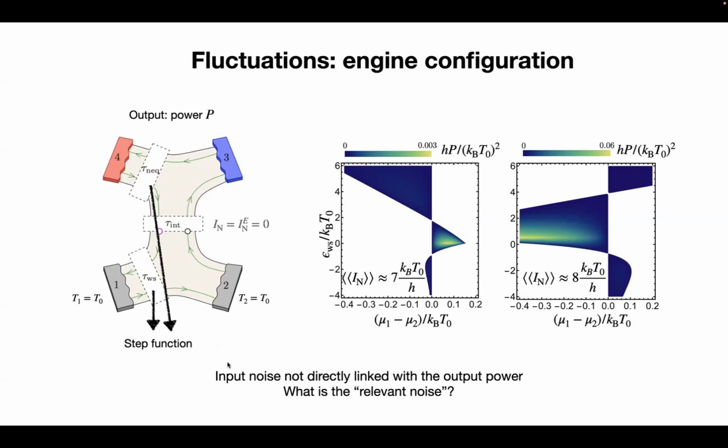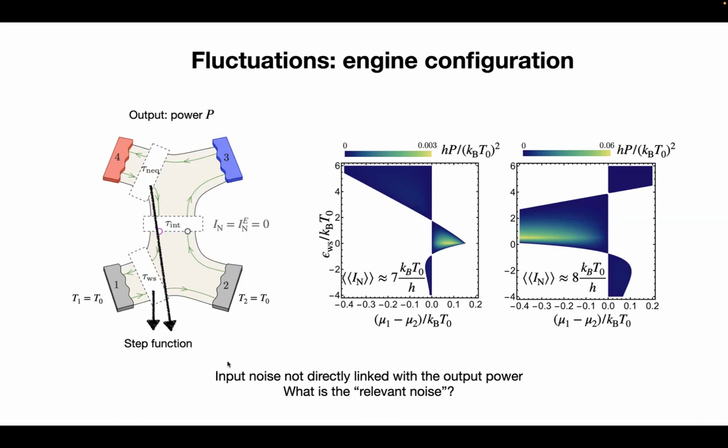So this means that just by calculating the noise by brute force, apart from saying there has to be noise, otherwise the system doesn't work, there is at the moment not a direct link with, for example, let's say you have more input noise, so you have more fluctuation, and therefore you are producing more power.